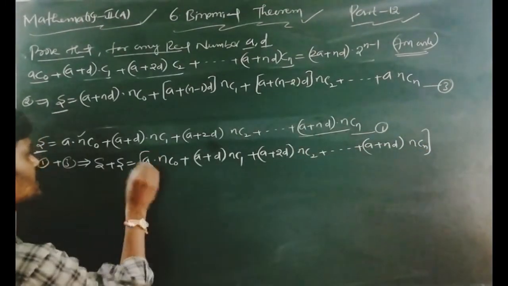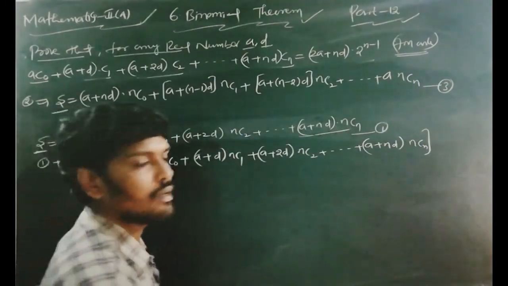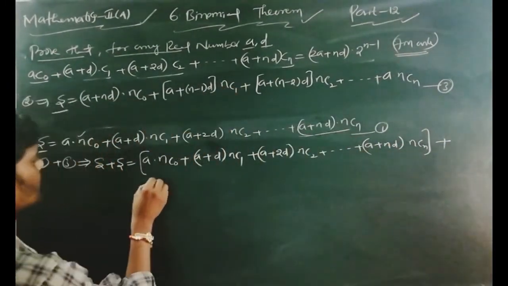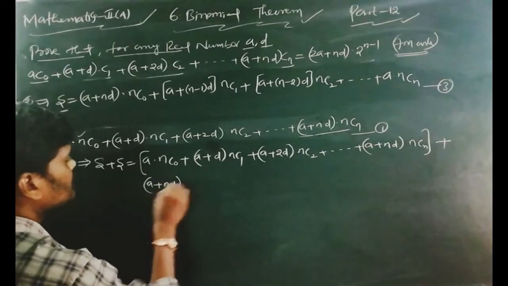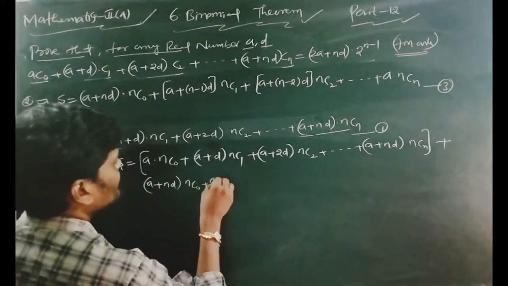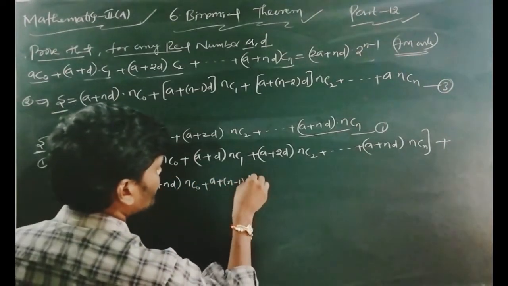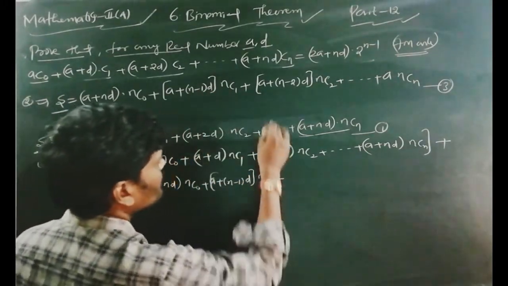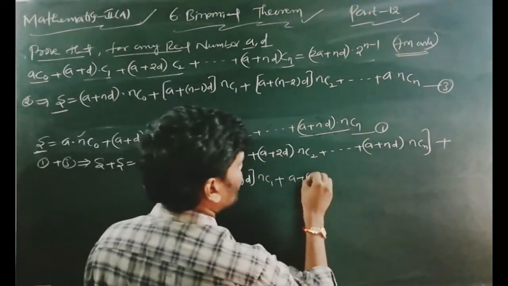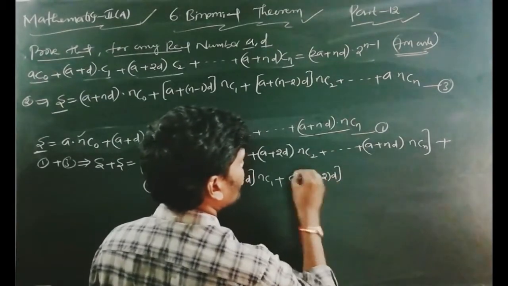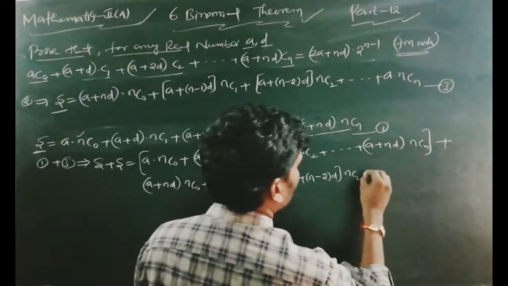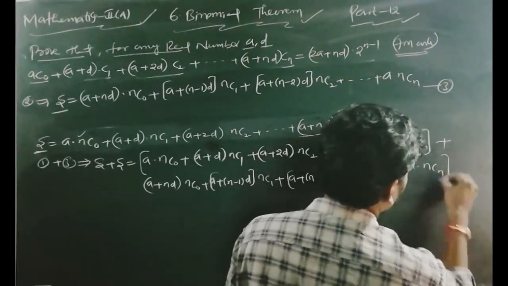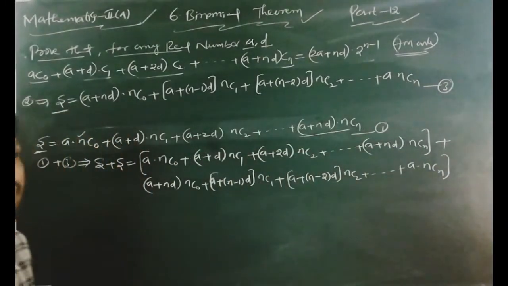This is the RHS part of equation 1. Plus the RHS part of equation 3: (a plus nd) into nC0 plus (a plus (n minus 1) into d) into nC1 plus (a plus (n minus 2) into d) into nC2 plus and so on, a into nCn. This is the RHS part of equation 3.